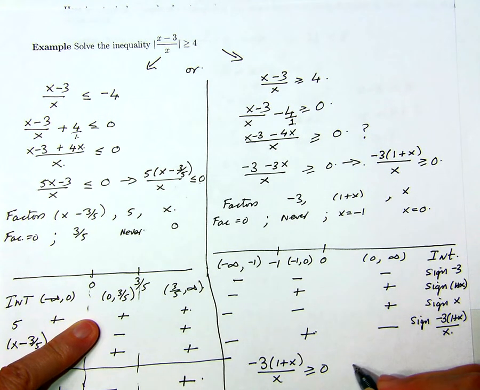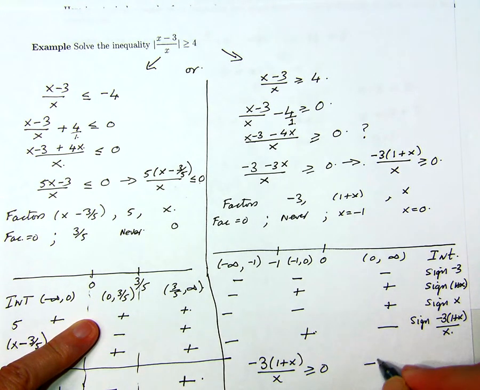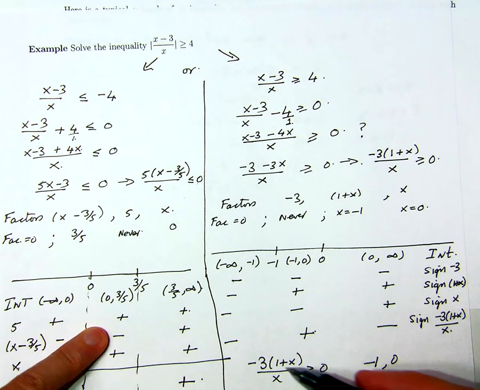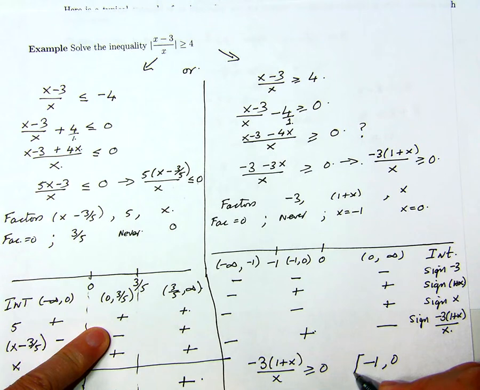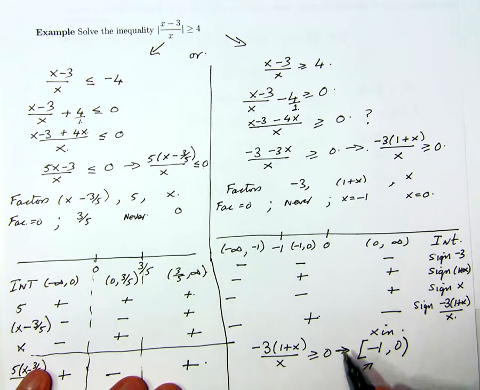Well, it's going to be greater than 0 in this interval between minus 1 and 0. And we're also interested in the points where it's equal to 0, and that's for x equals minus 1. And this thing is undefined for x equals 0, so that's my solution set there. So this is true for x in this interval.